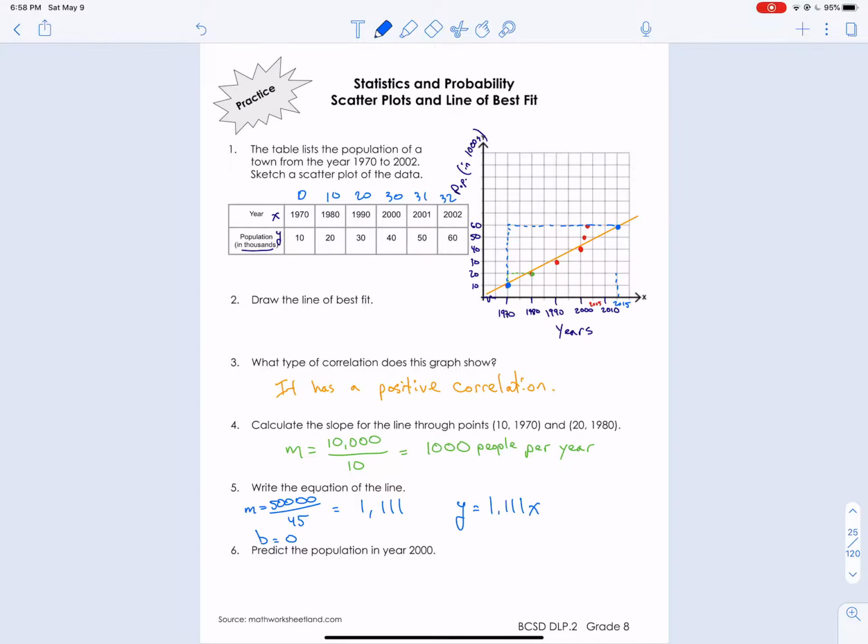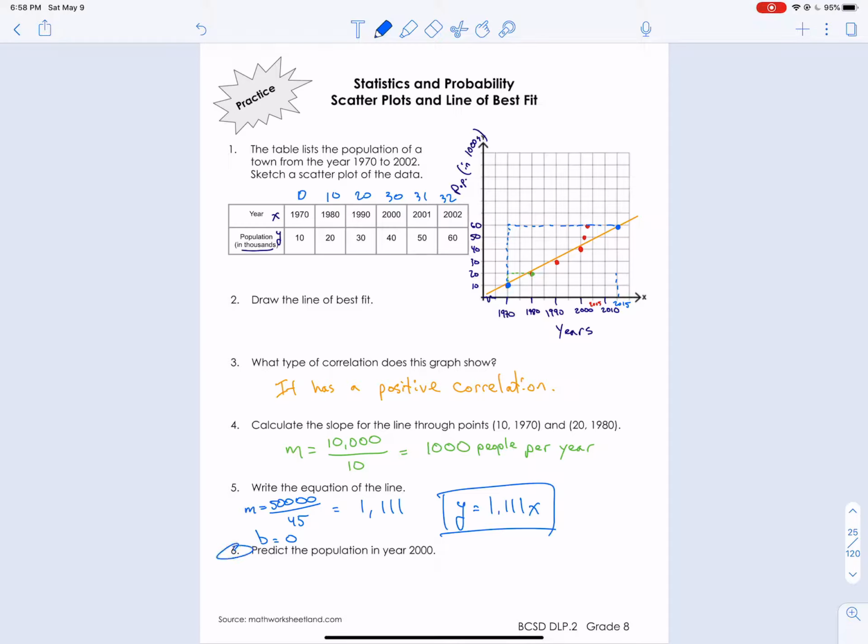Okay, so that would be okay. We could do that, and our starting point is 1970, but it doesn't say that. Usually it would say from, what's the equation from this particular year, but we don't have that information, so let's just leave it as this. It's fine. Again, this is just practice. As long as you can write an equation for a line, that's really what we're practicing here.